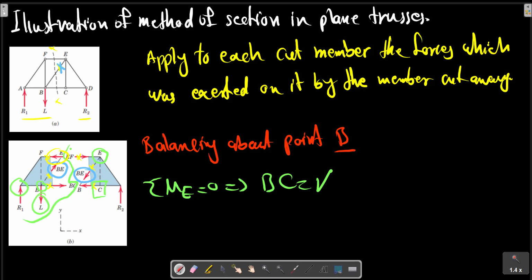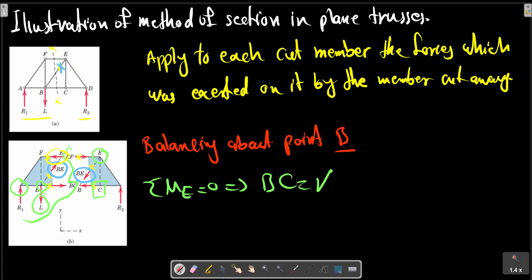The force BE is calculated from the equilibrium equation for the y direction. Finally, we determine BC by balancing moments about point E as written here. In this way, each of the three unknowns has been determined independently of the other two.